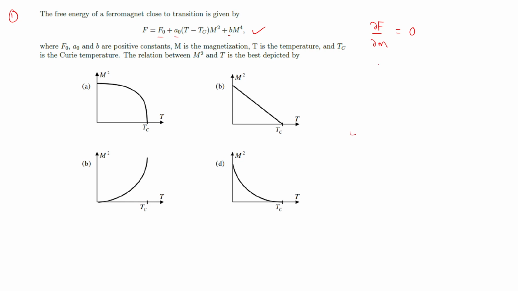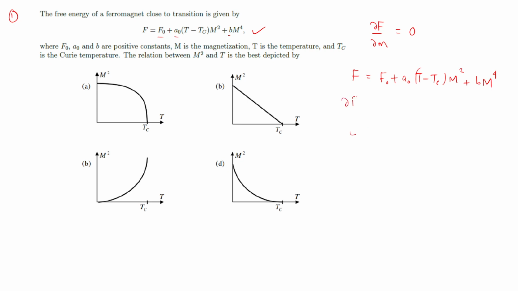So let us take the expression of F as a function of m: F naught plus A naught (T minus Tc) m square plus B m4.